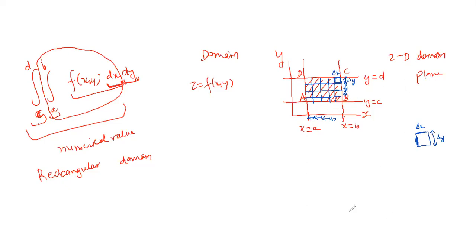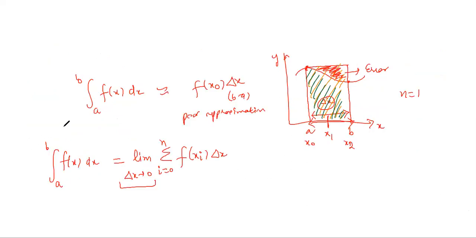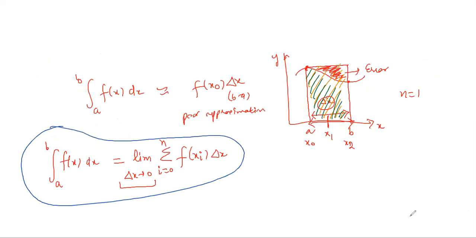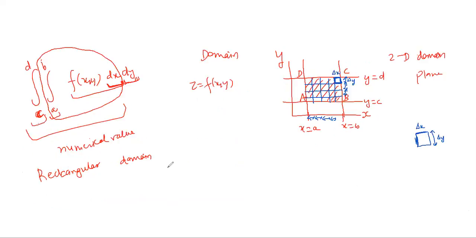On similar lines, the way we write this formula, you will have the formula here: the double integral of f(x,y) dx dy over a to b, c to d is approximately equal to, right? But when we write it in limit form, we can write exactly equals.